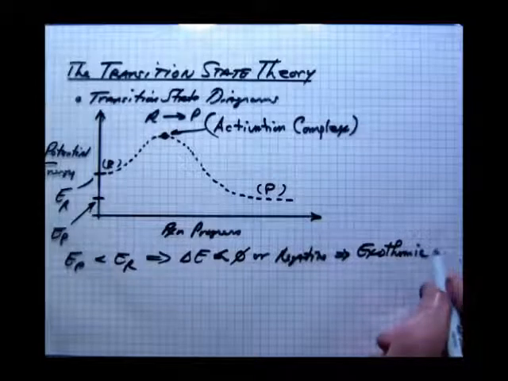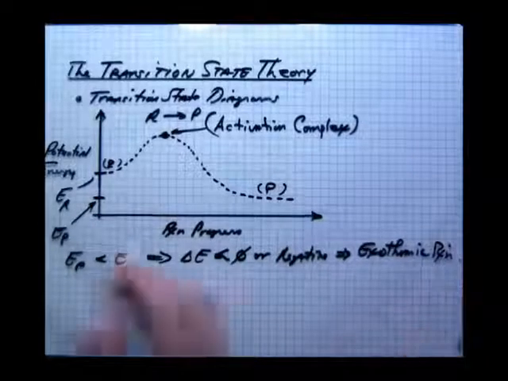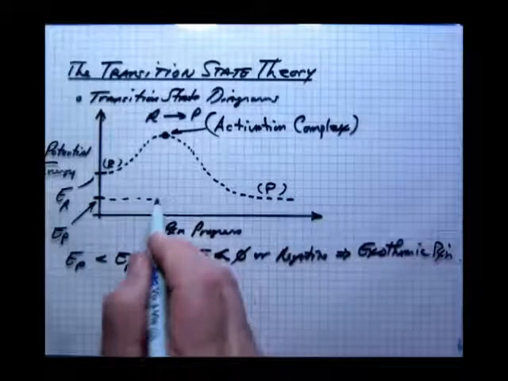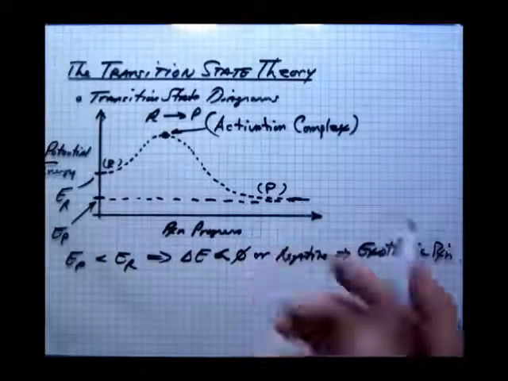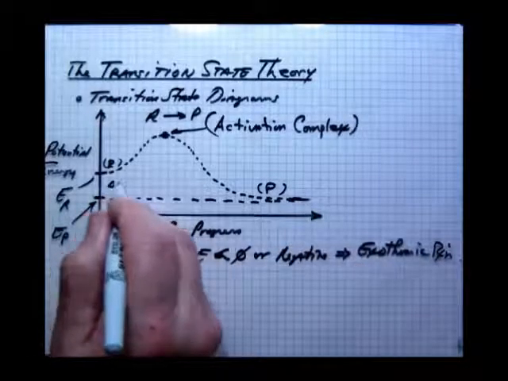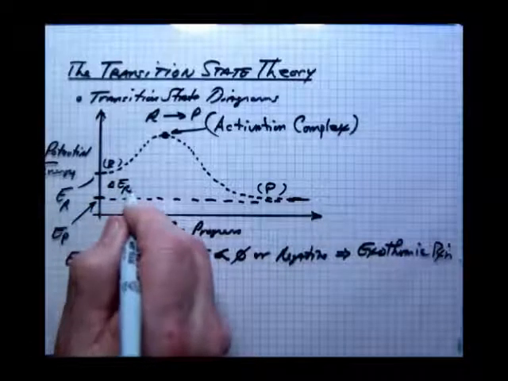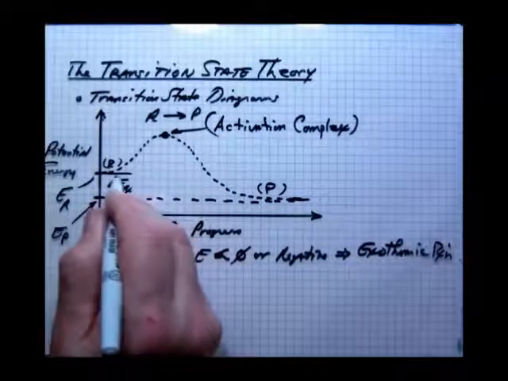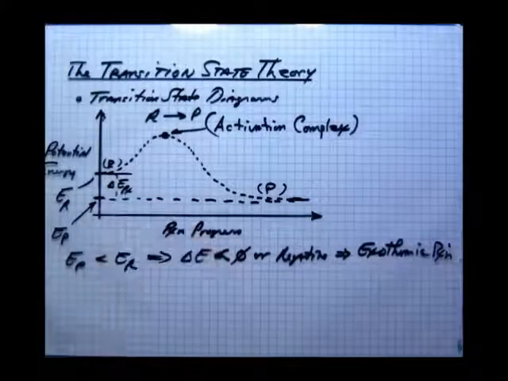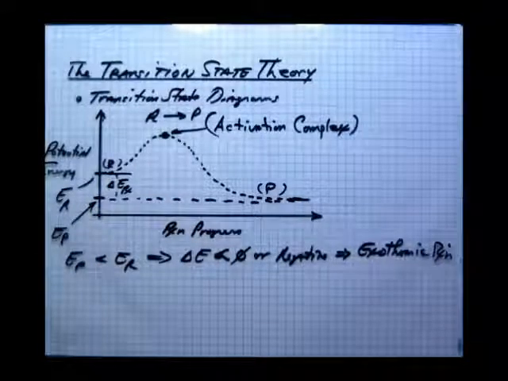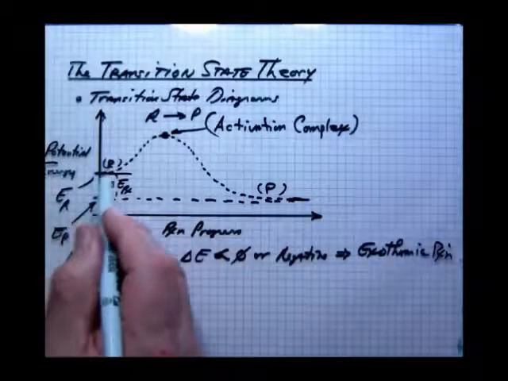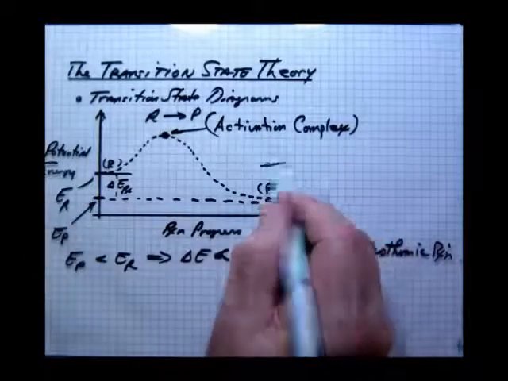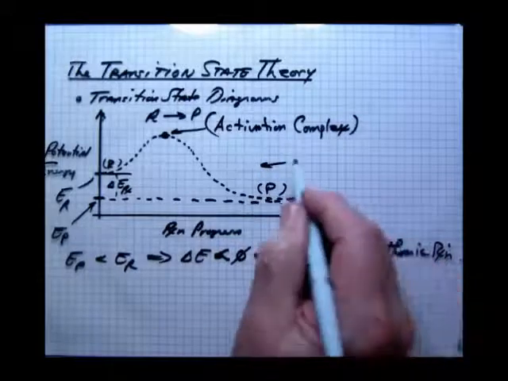So, as we've shown you earlier, where it levels out over here, this is your delta E of the reaction. You'll see it used as delta H, but we'll talk about that when we get to thermodynamics. If the final position of the products is below the reactants, then this defines the exothermic reaction.